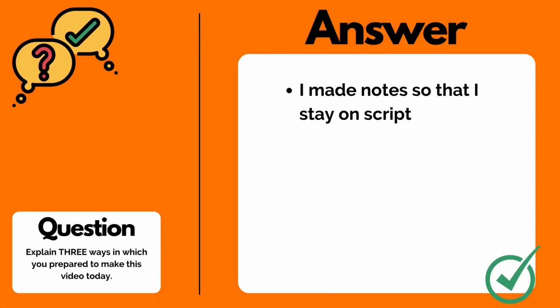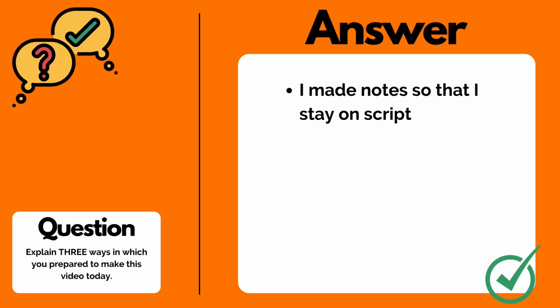And secondly, I haven't elaborated. I haven't said it in full. So how is the person who's reading or listening to me going to understand exactly what I mean? What would be a better way to answer that question? Firstly, I made notes so that I know what I'm meant to be saying and I don't go off on some other tangent talking about things that I'm not supposed to be talking about in the video.